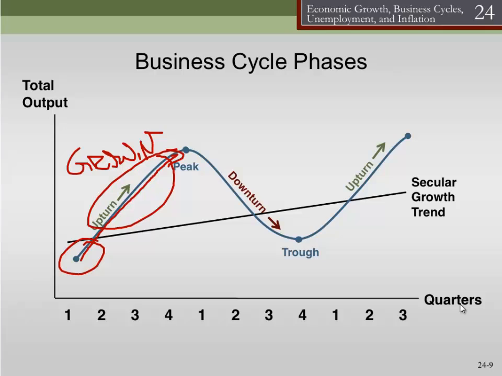We can think of this as an expansion, and we can think of this as recovery.